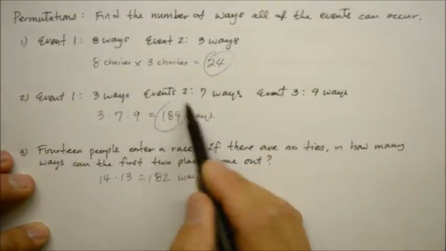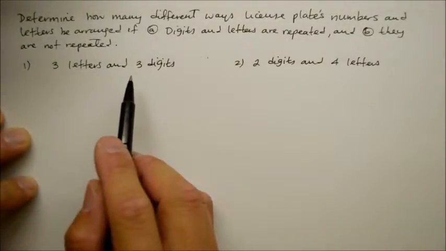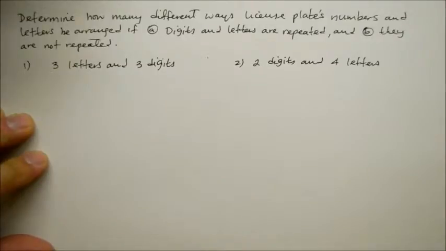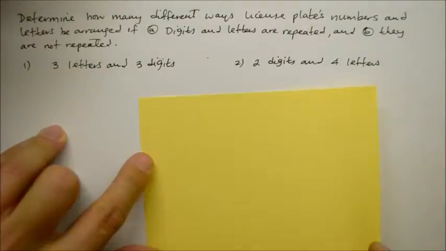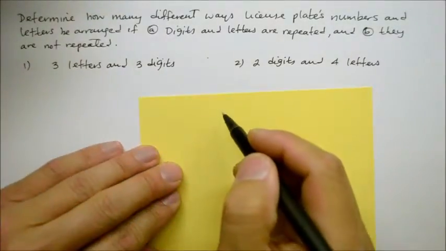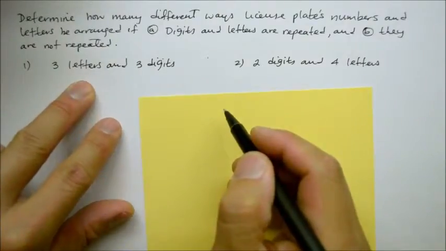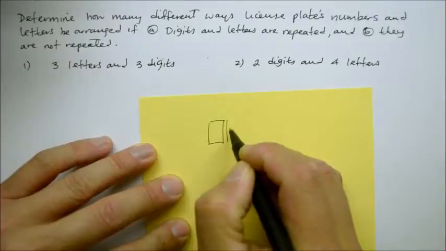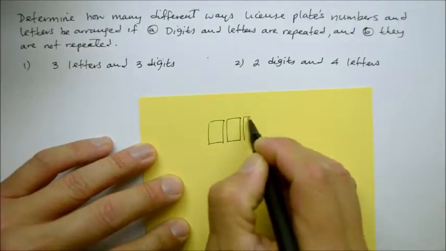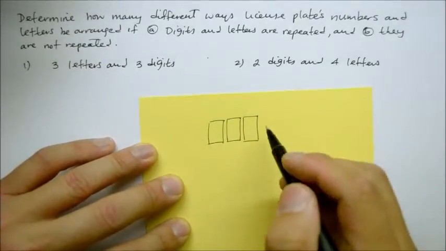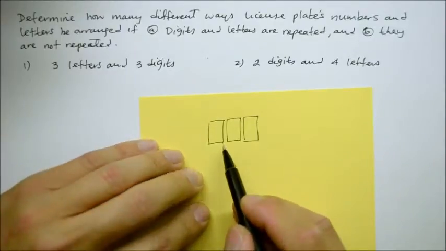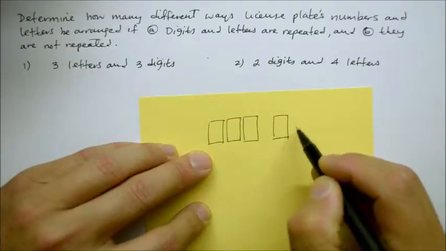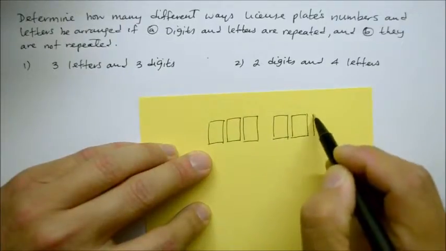So there you have it. This is the classic license plate problem, where a license plate in many states is made up of, in this example, 3 letters and 3 digits. Unless you have one of those vanity plates. Many license plates have some letters and digits assigned.